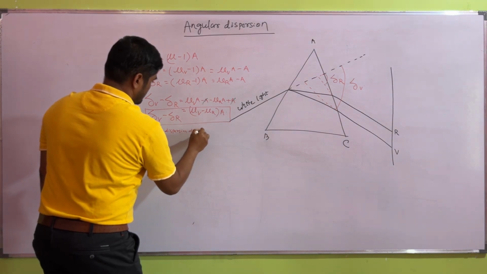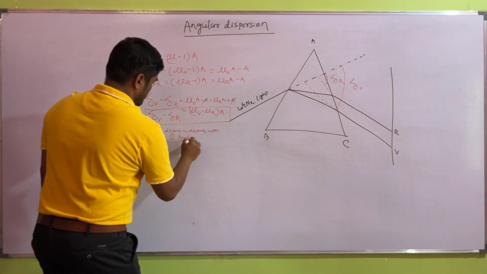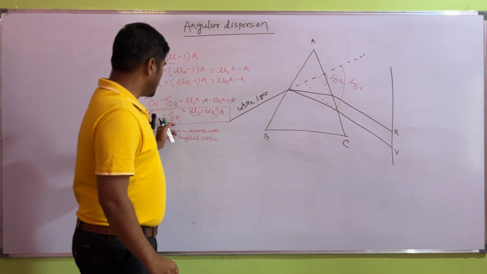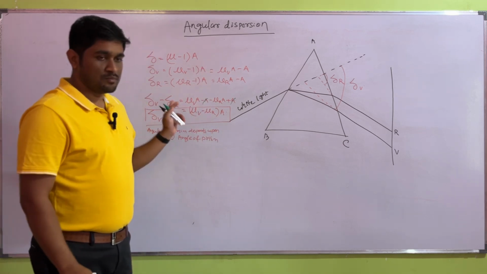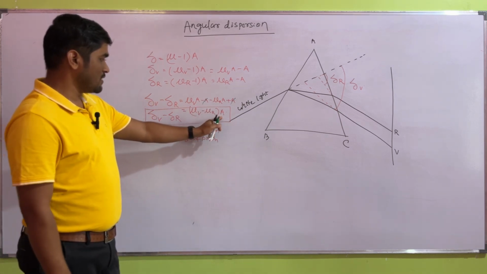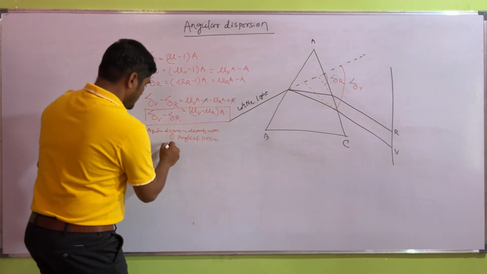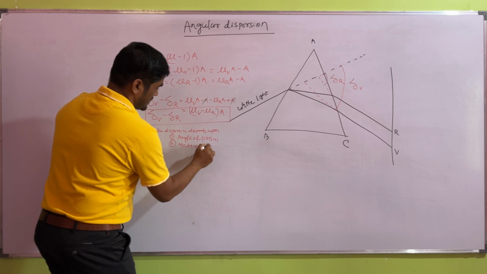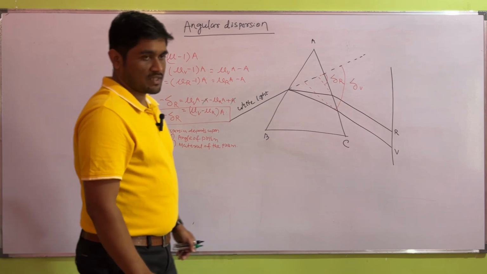The formula delta V minus delta R, the angular dispersion, is equal to (mu V minus mu R) into A. So it will depend upon the angle of prism, A, and also on the material of the prism, mu. Clear?